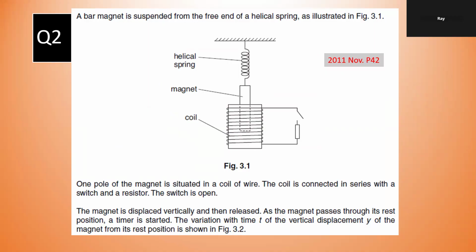A bar magnet is suspended from the free end of an elliptical spring. Okay, that's a bar magnet. One pole of the magnet is situated in a coil of wire. Okay, that's a coil of wire. The coil is connected in series with a resistor. That's a resistor. The switch is open. The magnet is displaced vertically and then released.